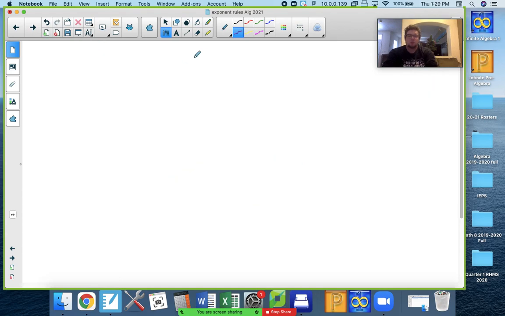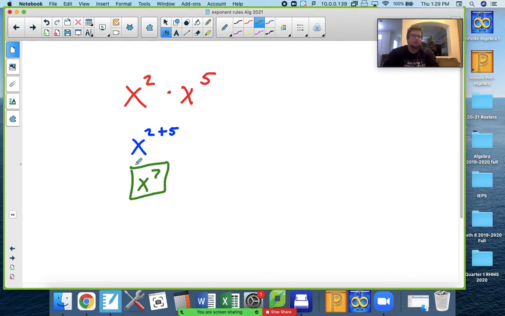Same is true when we have variables, say x squared times x to the 5th. Same base. They're being multiplied. So we're going to add the two powers together. We get x to the 7th.